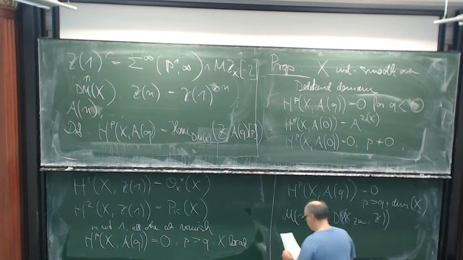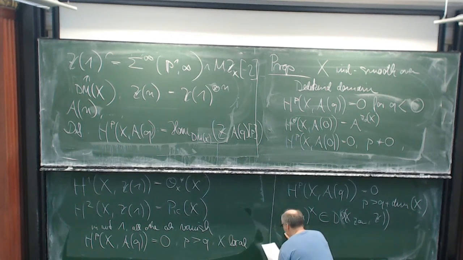So I need this to state the next theorem. For the next theorem, epsilon denotes the map of sites from the Tate site of X to the Zariski site.